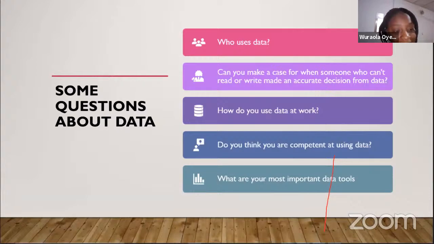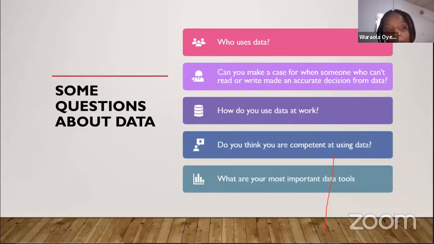Intuition, and Excel. Sometimes Minitab. Zainab said Excel. Good. Okay, so Yimika uses Power BI and MS Excel. Obia Emmanuel uses R. Okay.